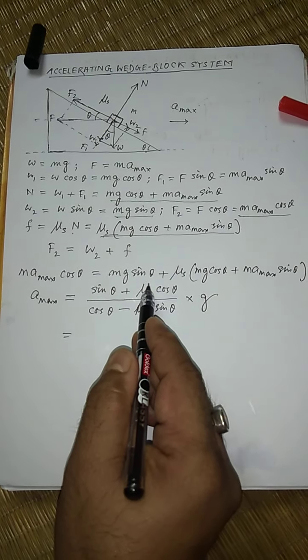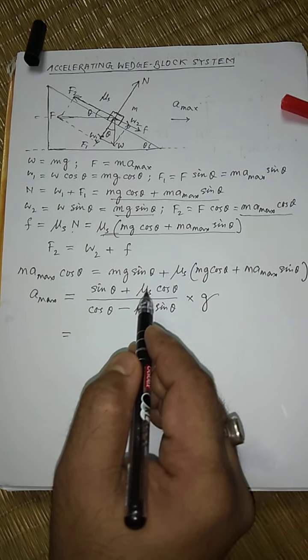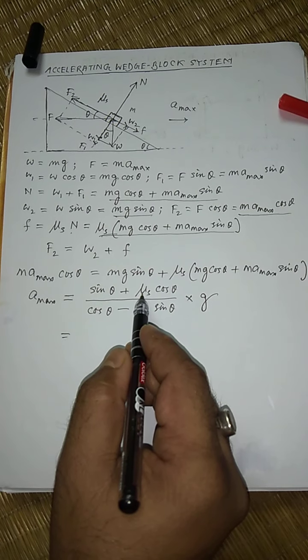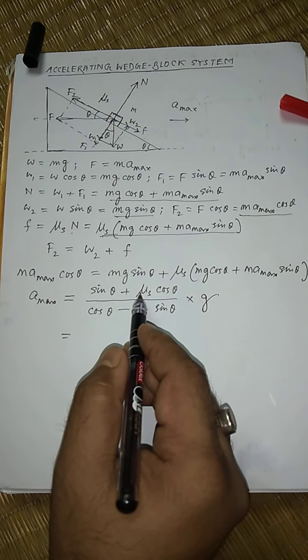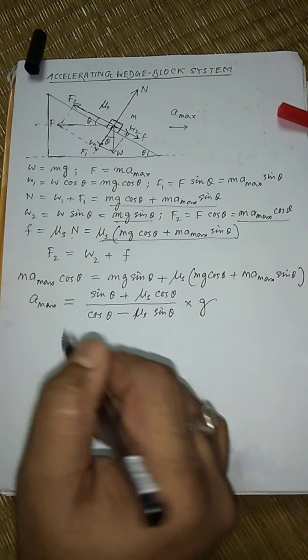Now, in place of mu s, the coefficient of static friction, we can write the tangent of the angle of friction. And the angle of friction has already been defined in the last video.